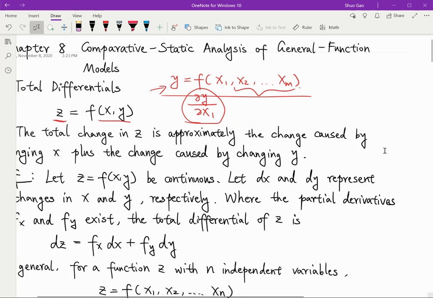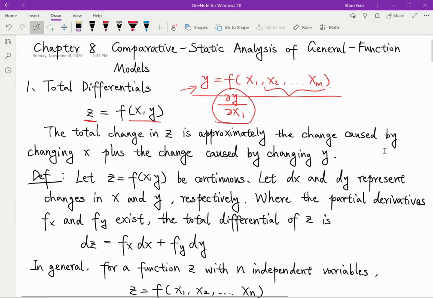For example, z is a function of x and y. If y doesn't change and x increases or decreases a little bit, the change of z is called the partial derivative, or partial differential, of z with respect to x.